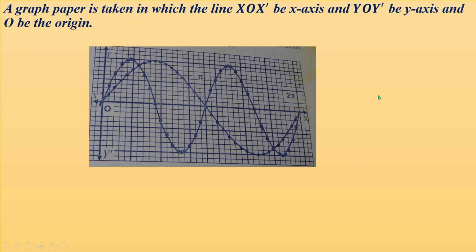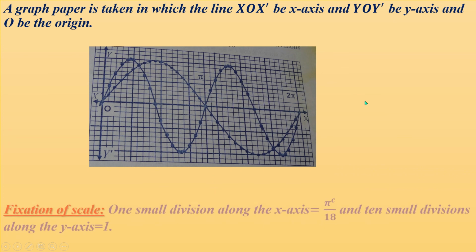So 5 pi by 3, and this point is 2 pi. Clear? Here it is mentioned. So the required solution: here will be 0, here will be pi by 3, here will be pi, here will be 5 pi by 3 and here will be 2 pi.